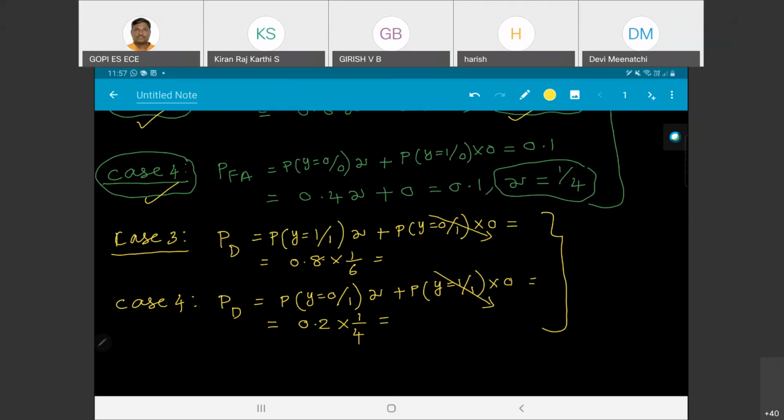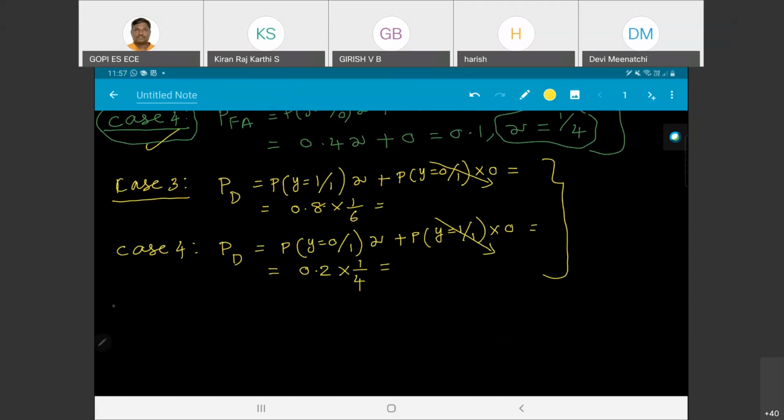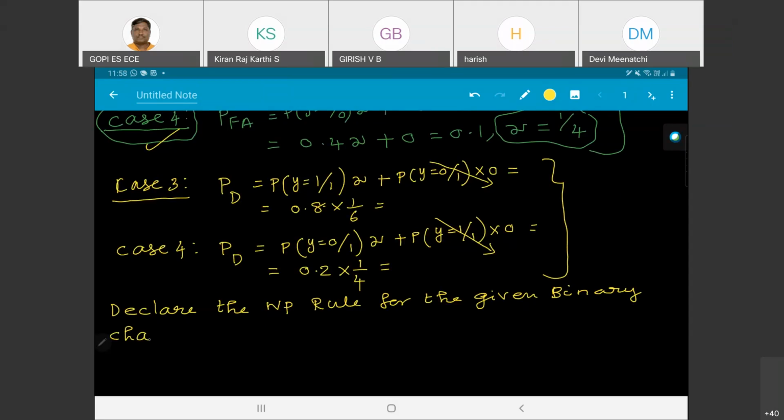So we have to declare finally the Neyman-Pearson rule for the given binary channel model as delta of y.